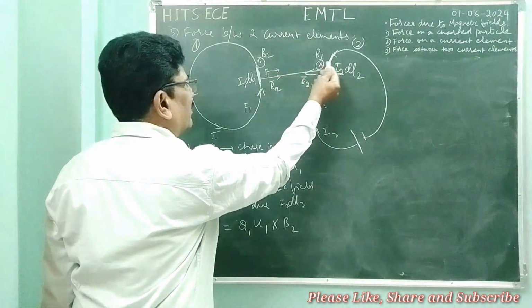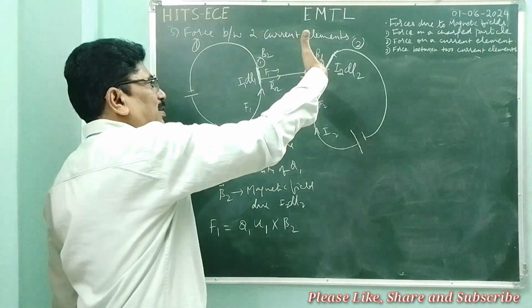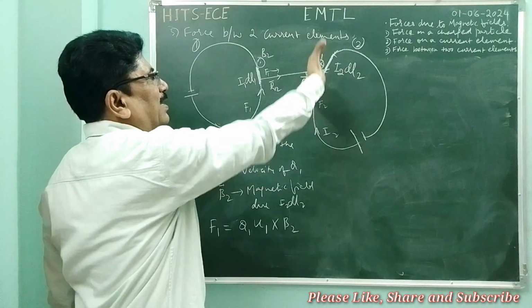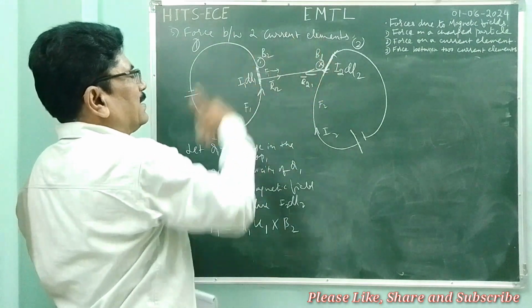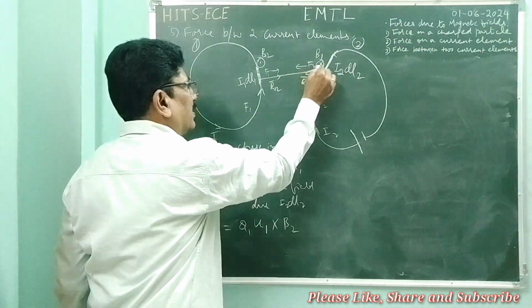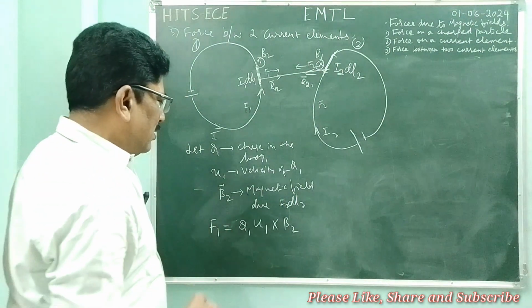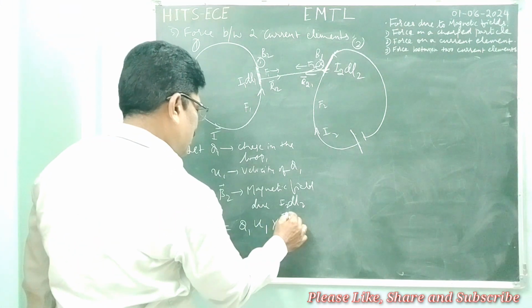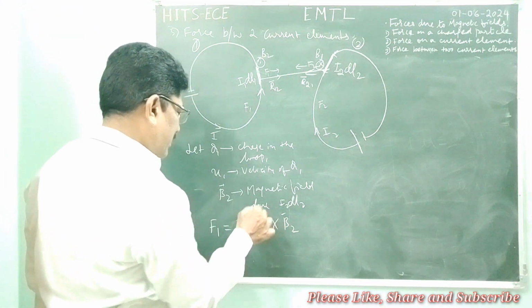In the same way for F2, the palm enters into the board and the direction is shown by the thumb. So F2 will be in this direction. So F1 is Q1 U1 cross B2. These two are vectors. Okay?